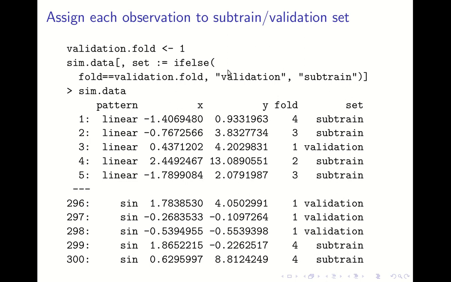Here we're using this if-else statement to say, if the fold column is equal to this validation fold of 1 that we've specified, then we assign it to the validation set, otherwise we assign it to the subtrain set. So that's pretty straightforward, right? All of the observations that were randomly assigned the fold ID 1 go into the validation set. All of the other folds go into the subtrain set.